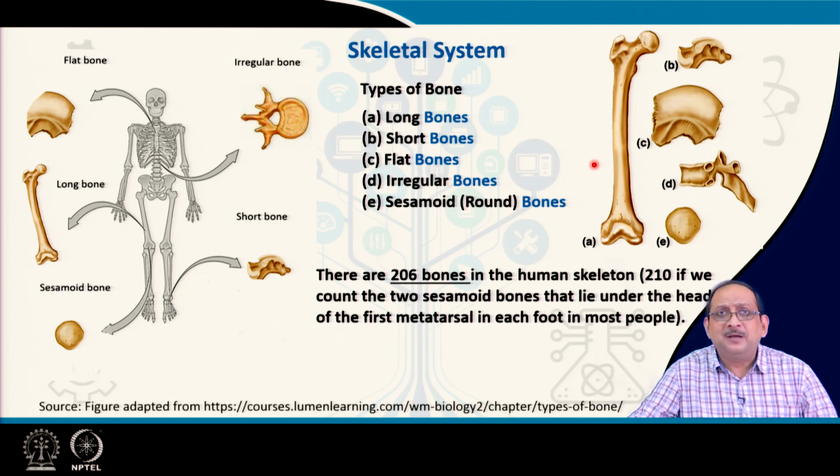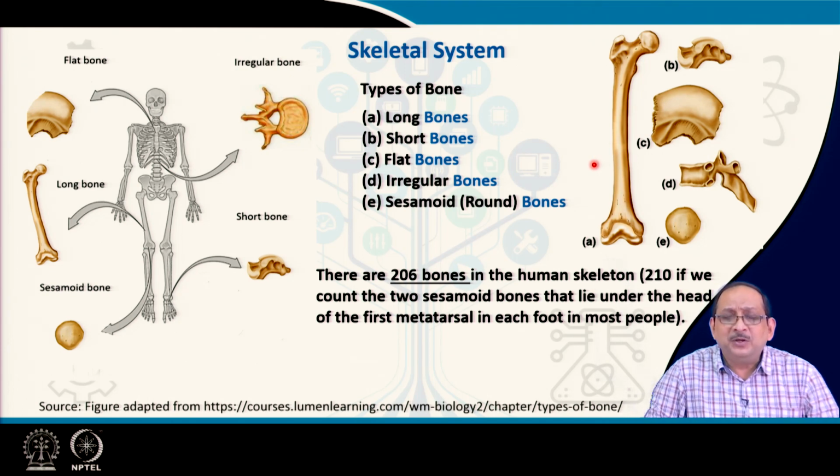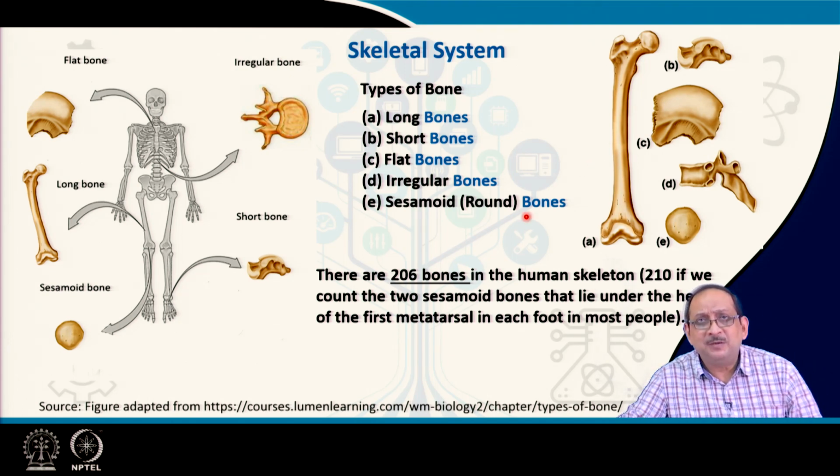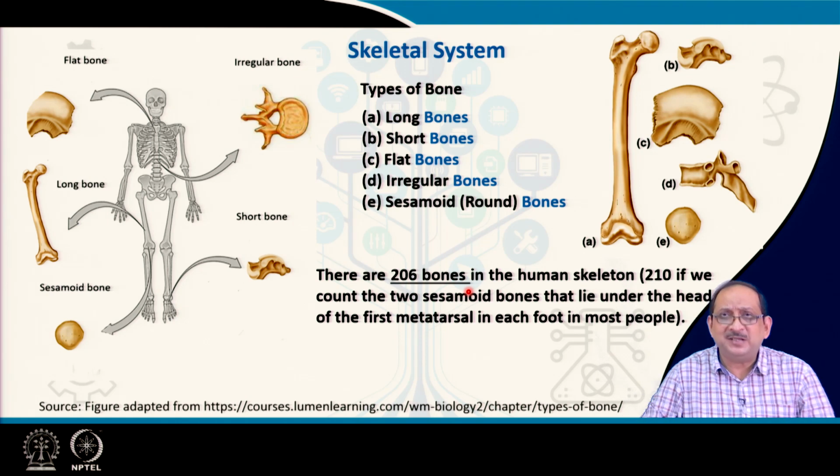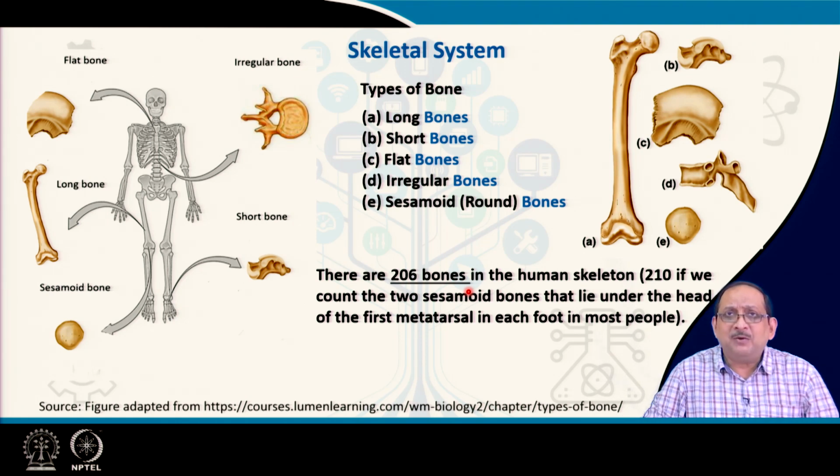There are in total 206 bones in the human skeleton. The number is 210 if we count the two sesamoid bones that lie under the head of the first metatarsal in each foot in most people.